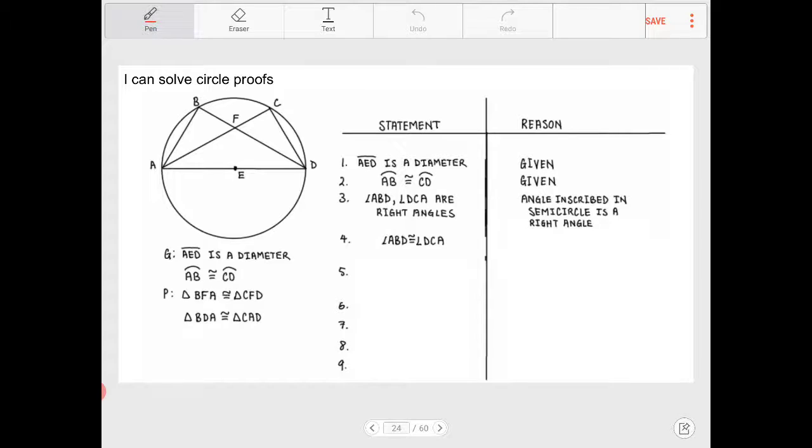Next, we can say that angle ABD is congruent to angle DCA because all right angles are congruent. Next, we can say that AB is congruent to CD because congruent arcs intercept congruent chords, or congruent chords intercept congruent arcs.